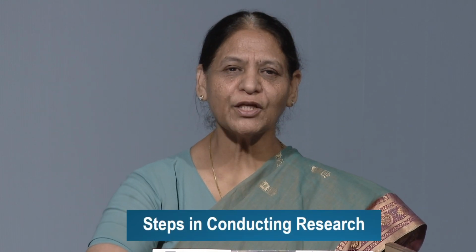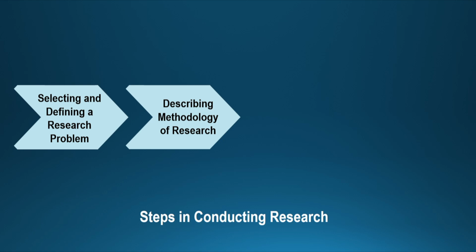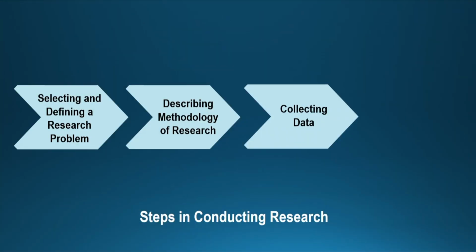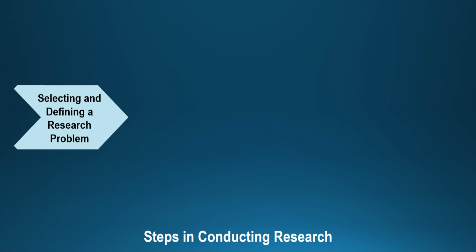If it is a systematic process, it consists of a number of steps, and the major four steps in the process of research include selecting and defining the research problem, describing the methodology of research, collecting data, and the last step in undertaking research is analyzing and interpreting data.